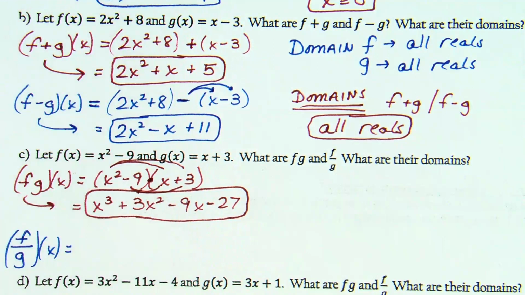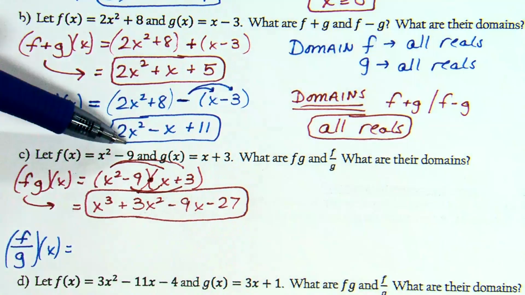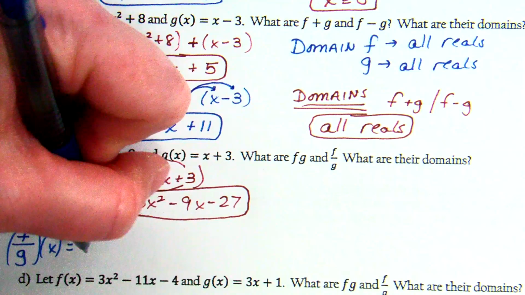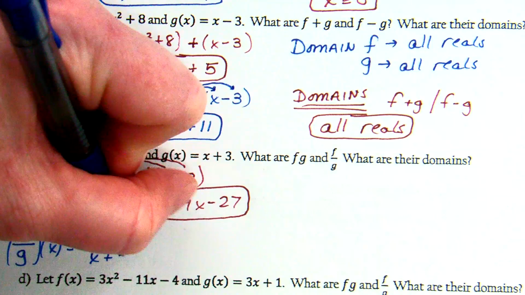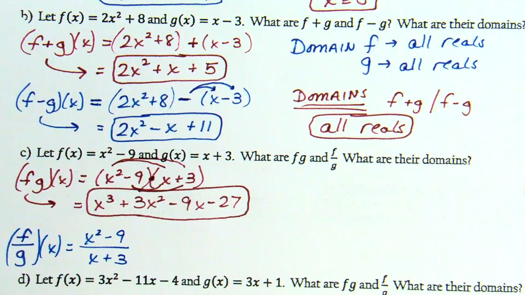X squared minus 9 divided by x plus 3. How can I simplify this? I wish it was that easy.